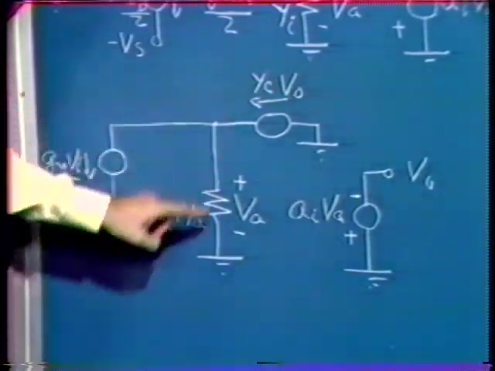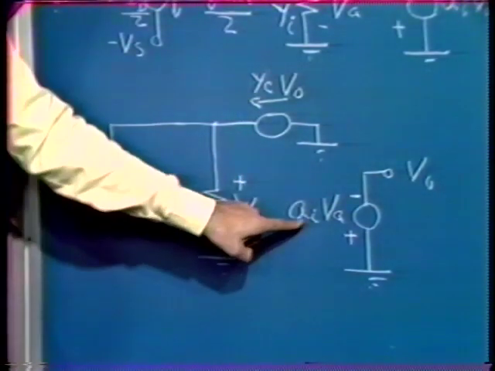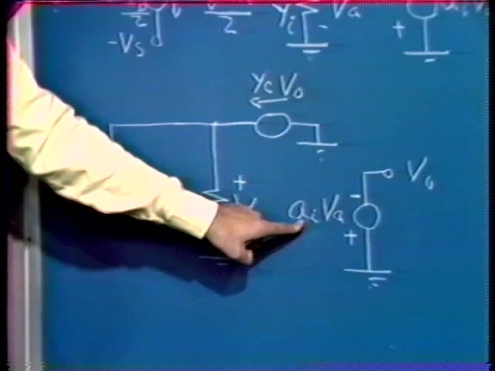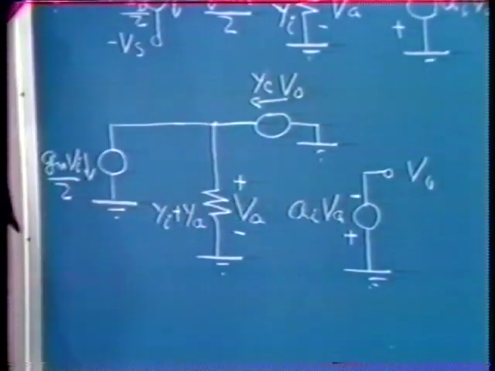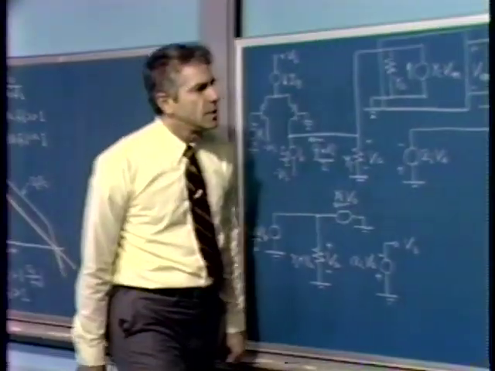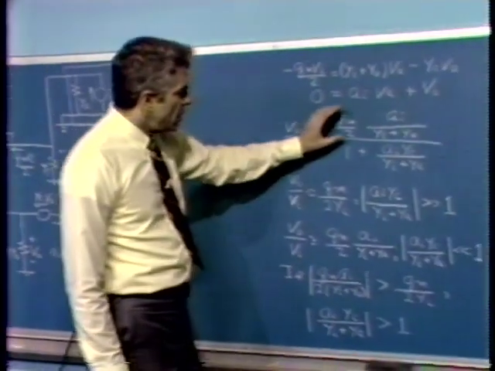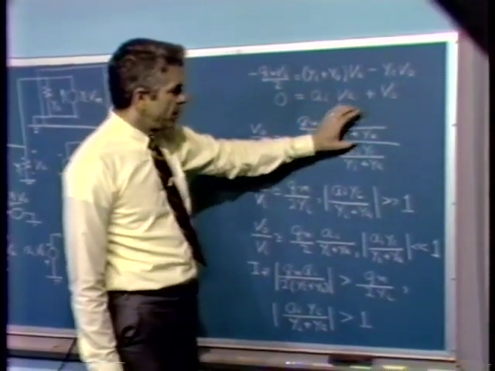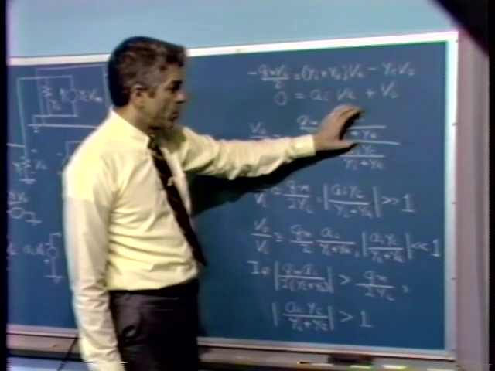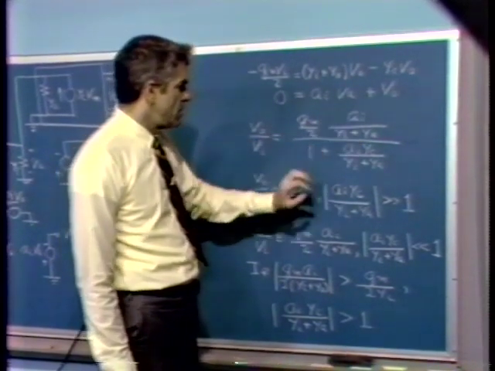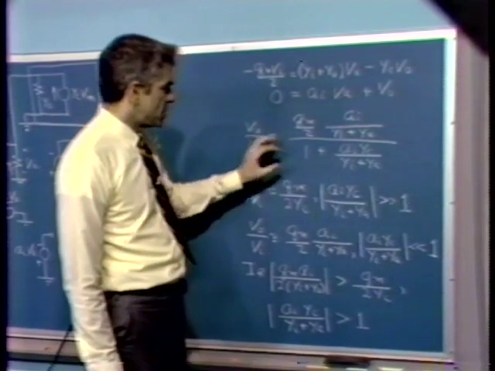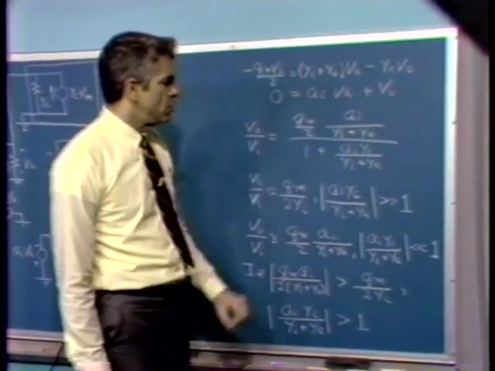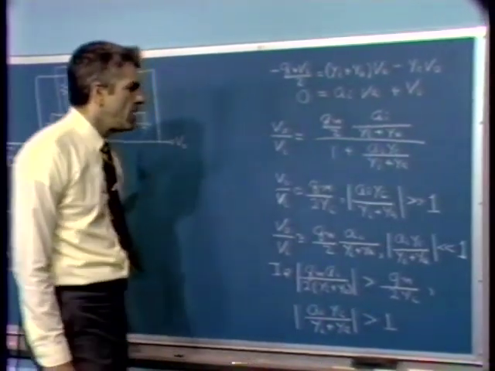So the quantity YC over YI plus YA all multiplied by AI, is the negative of the transmission around the minor loop. So we have the numerator of this expression being the gain the amplifier would have if the minor loop were disabled, but its loading were considered. The denominator of this expression is 1 minus the loop transmission of the minor loop.